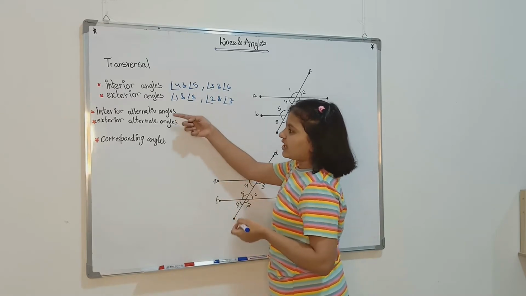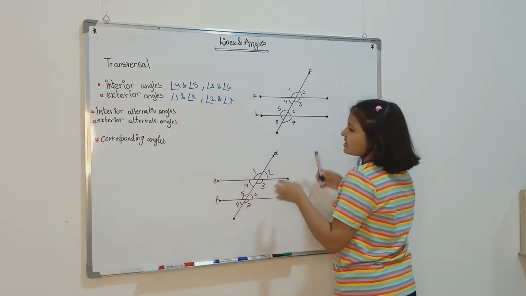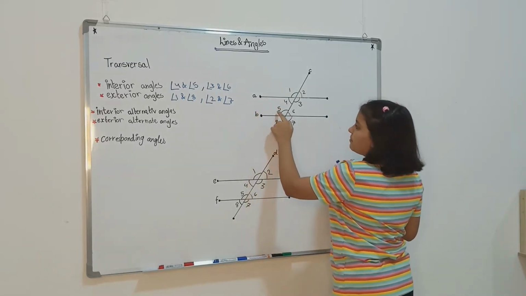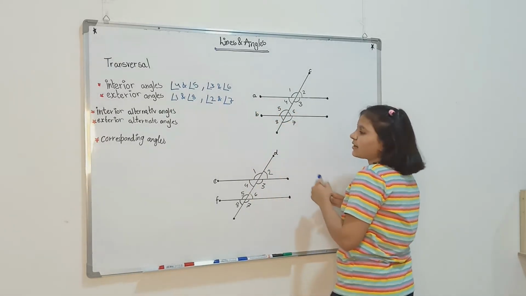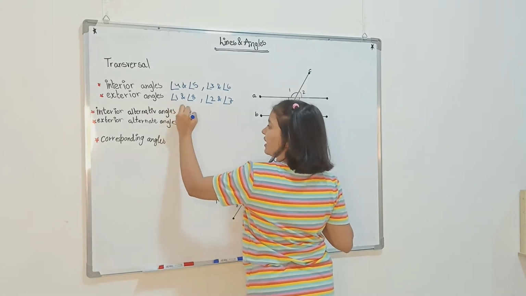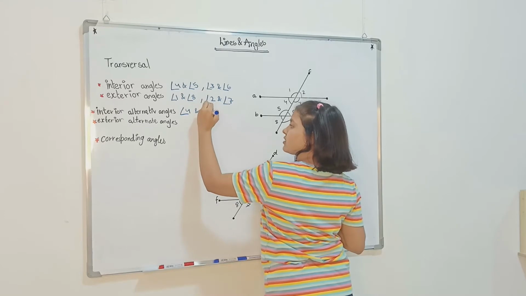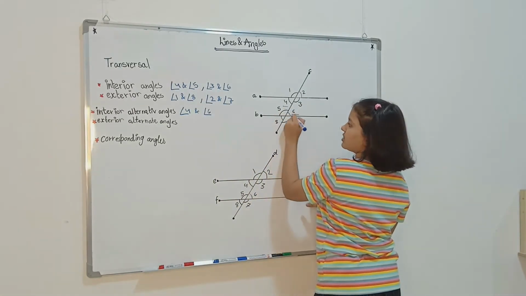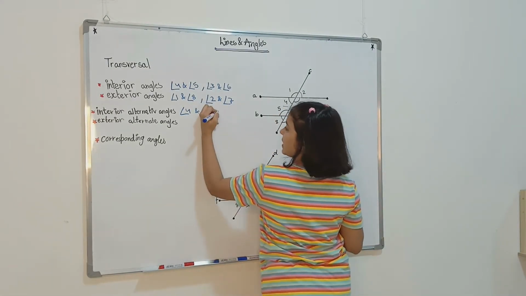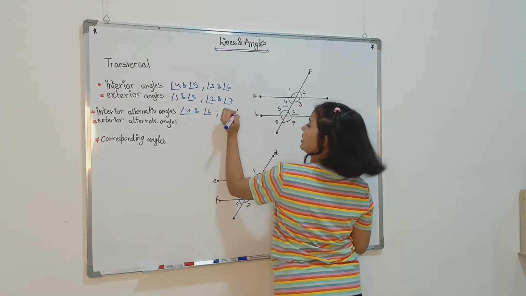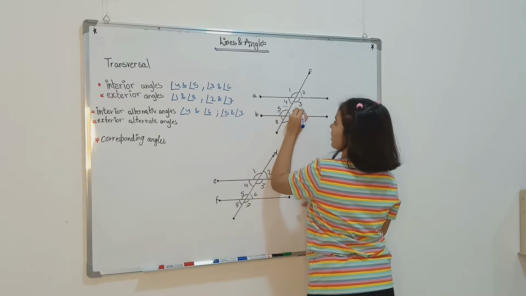Next are alternate interior angles. Alternate interior angles means they're interior angles but they're alternate, like angle 4 and angle 6. Next pair is angle 5 and angle 3.